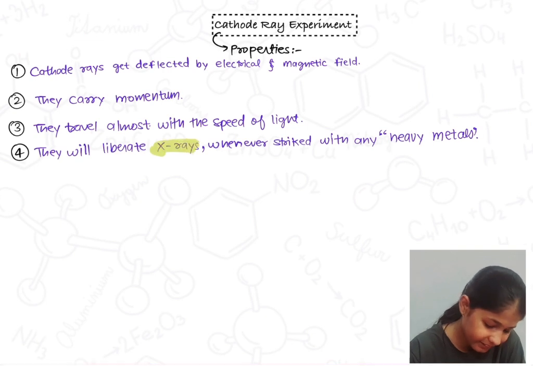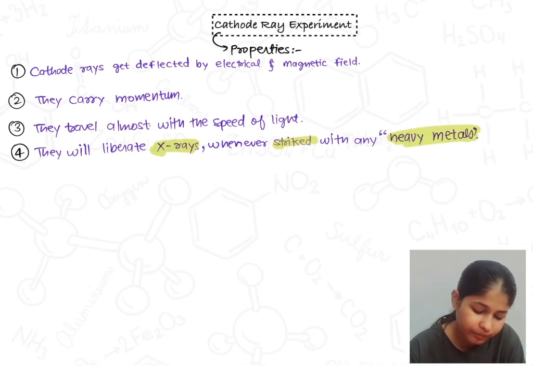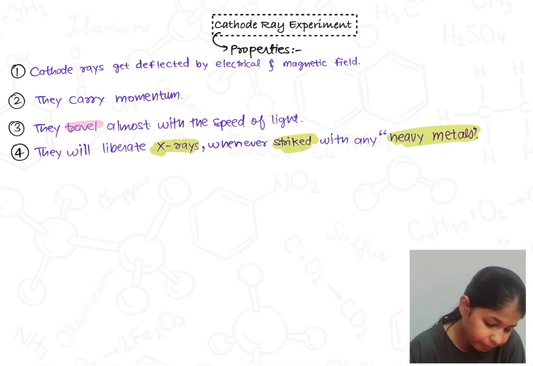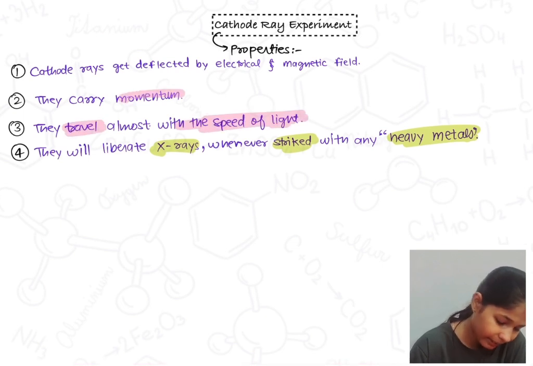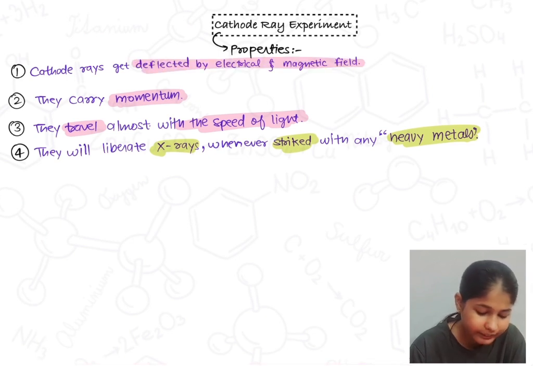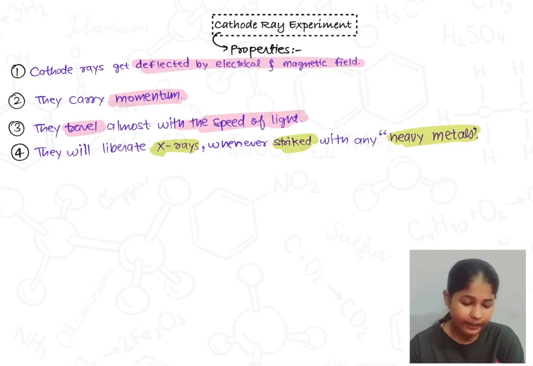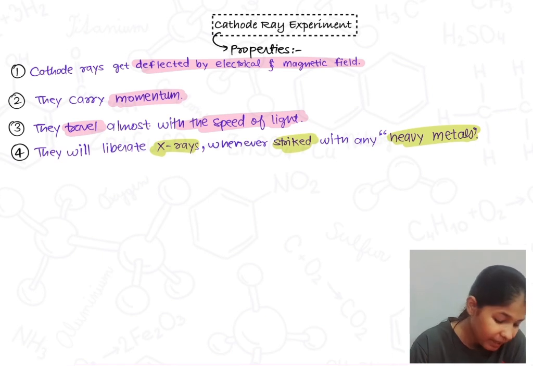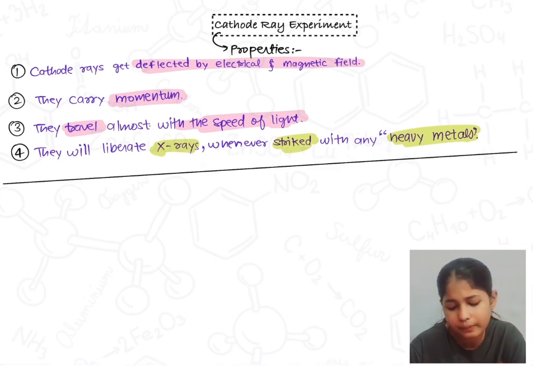Let me highlight it. X-rays are liberated whenever cathode rays strike a heavy metal. They travel almost with the speed of light. They carry momentum. Also, they get deflected by electrical and magnetic fields. Now, these are the common properties of cathode rays.